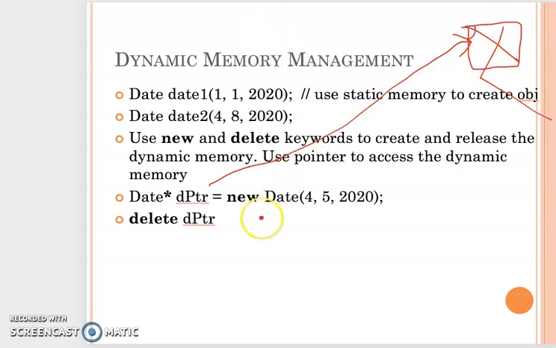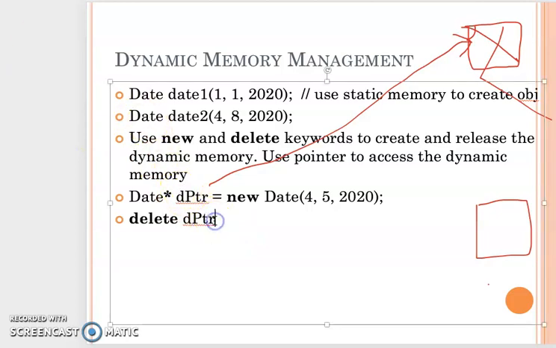Afterward, can you create another one? Yes, you can. For example, I can create another object, so that's the second object. After you release that memory location, you can continue to do that again. You can have another dptr.